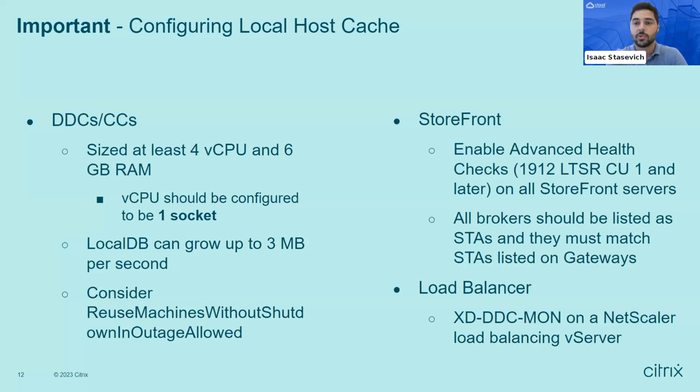And then on each individual delivery group that you want to enable that for, you also need to set the same thing, reuse machines without shutdown in outage, without the word allowed. I go into it on another slide, so you'll be able to see it.